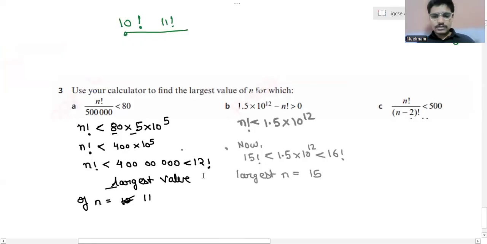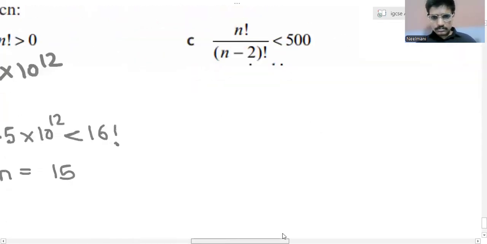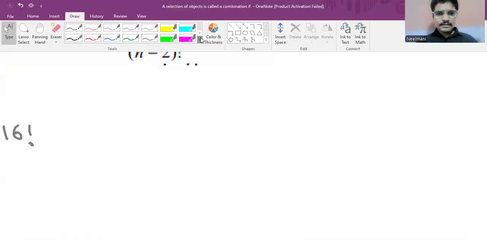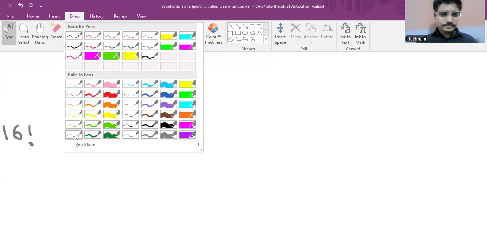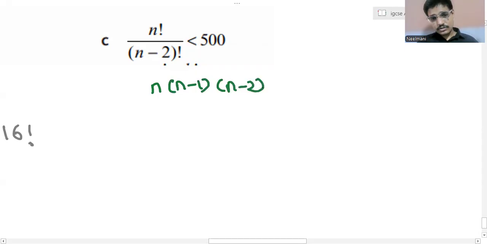Now, coming back to the third question here. Okay, this is the third question. And when we talk about this, this is talking about n factorial upon n minus 2 factorial. So let's first simplify this. n factorial is n into n minus 1 into n minus 2 factorial, right?